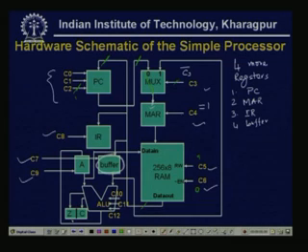We see that in the picture. C5 is 1. So, this line is 1, read. Then C6 complement is the enable line. If it is 0, then it will be enabled.